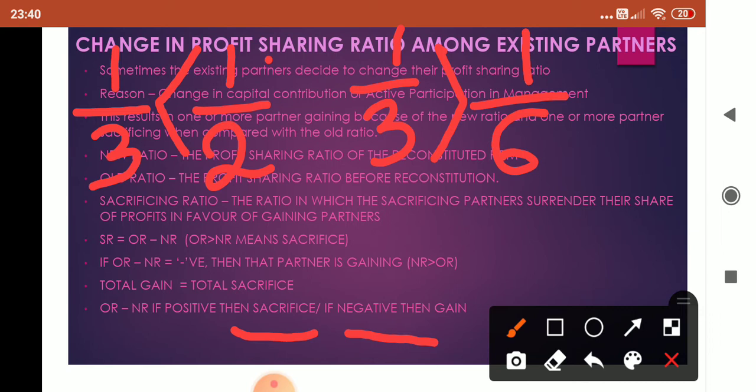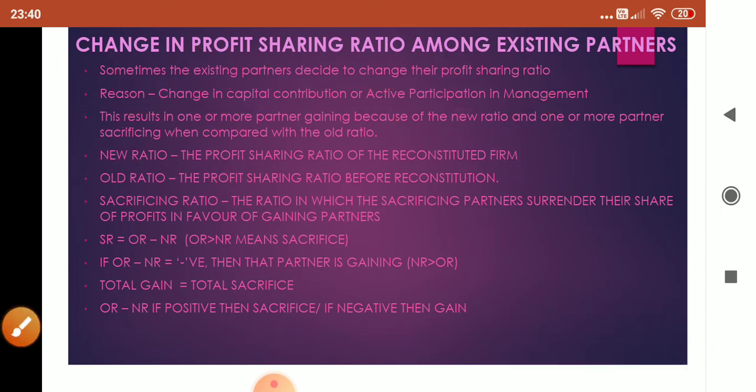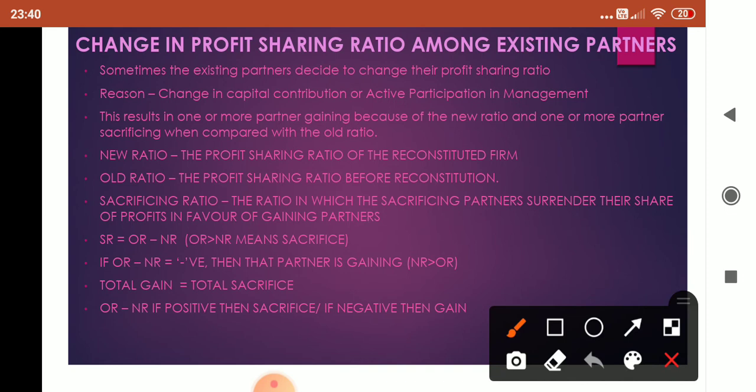Now, let us take the same example and proceed. For A, old ratio is 1/3 and new ratio is 1/2. So if you want to do old ratio minus new ratio, just cross multiply. You have to take LCM.